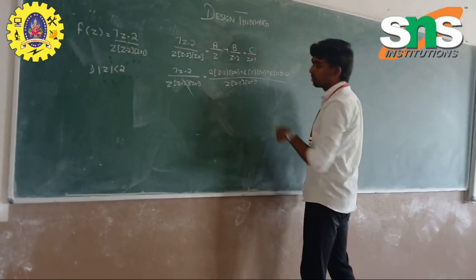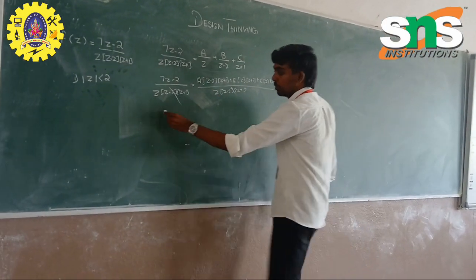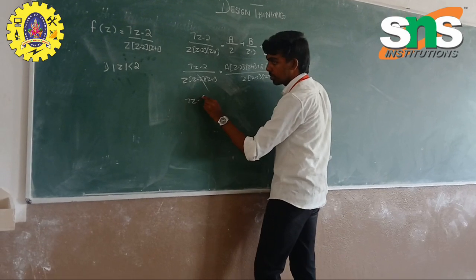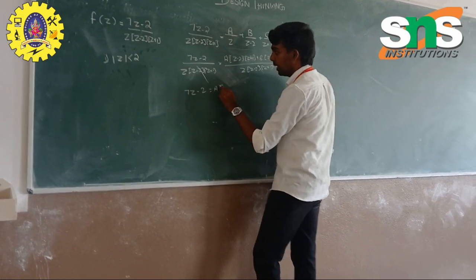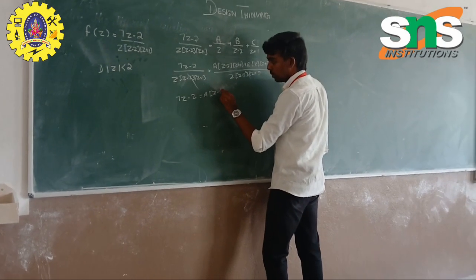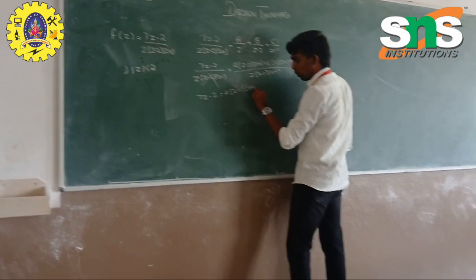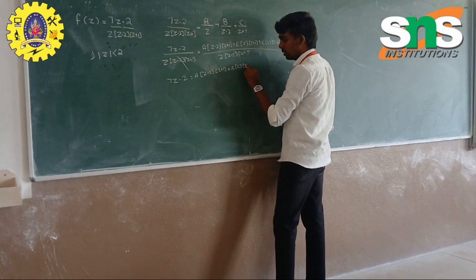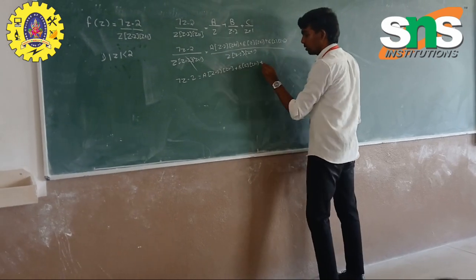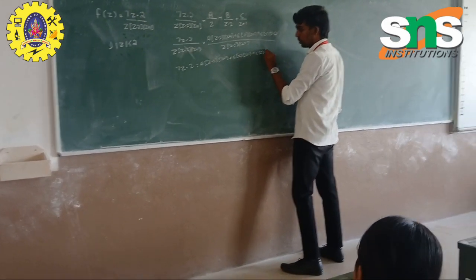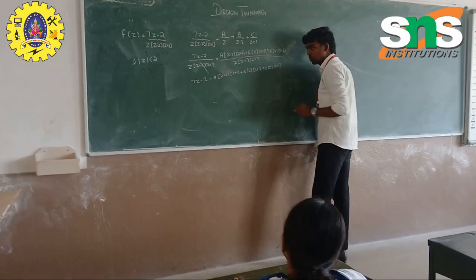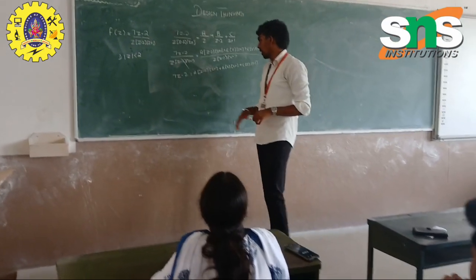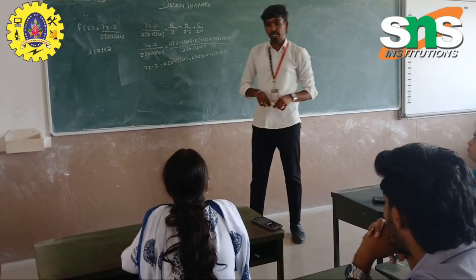Here the denominator cancels and we have 7z minus 2 equal to A into (z minus 2) into (z plus 1) plus B into z into (z plus 1) plus C into z into (z minus 2).